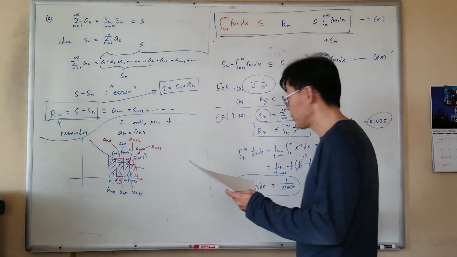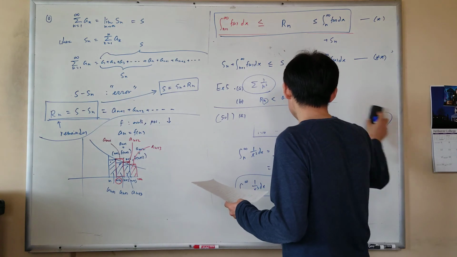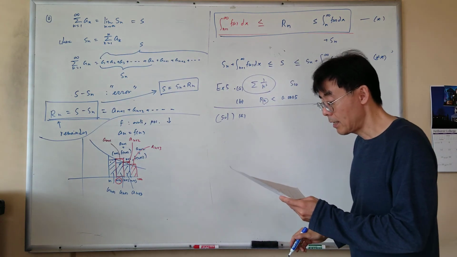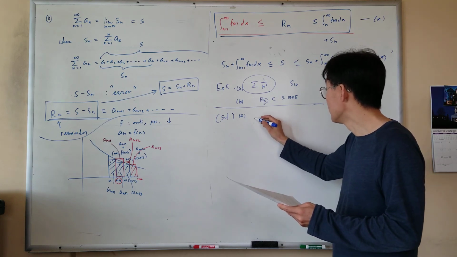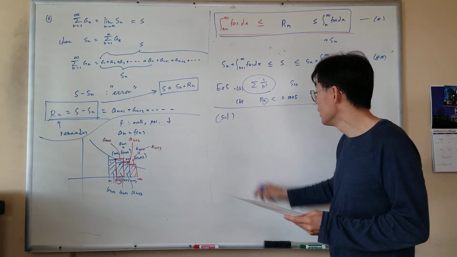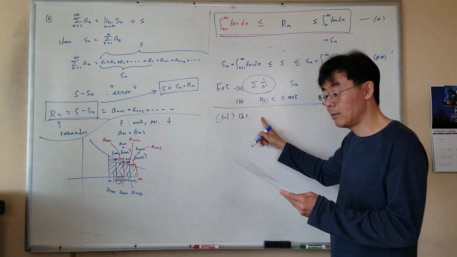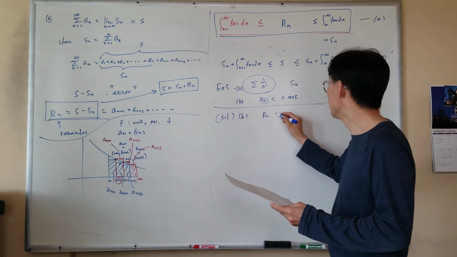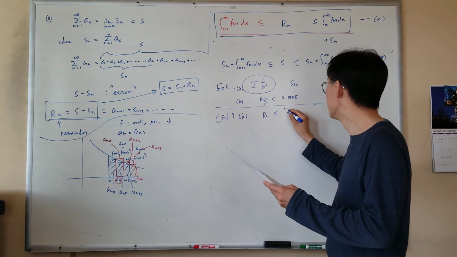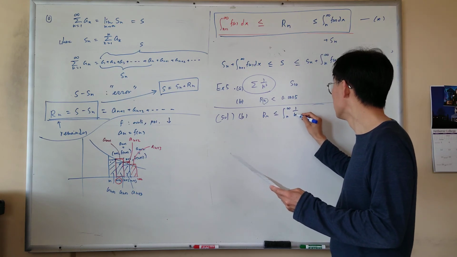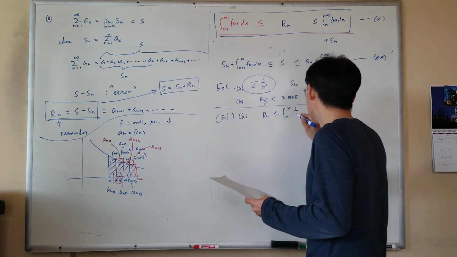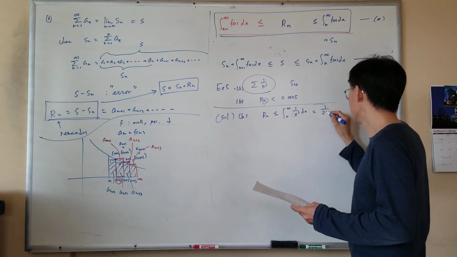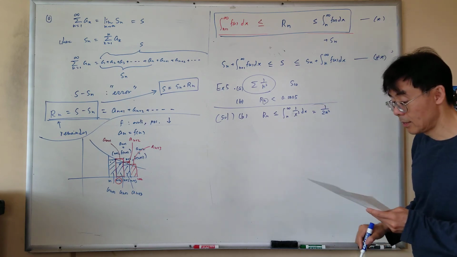Now, in part B, if we use S_n, the error R_n is again bounded by the integral of 1 over x cubed, which we just calculated, 1 over 2n squared.